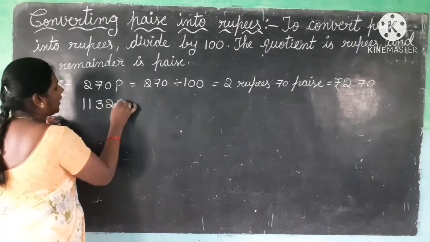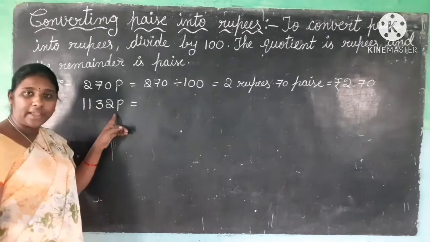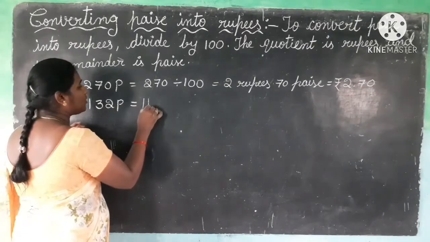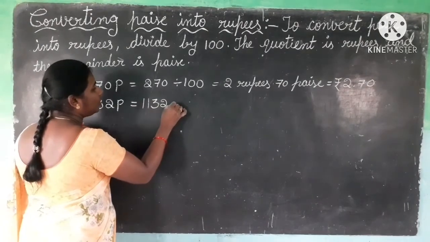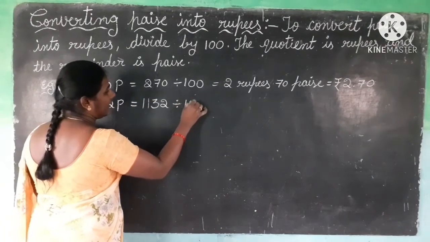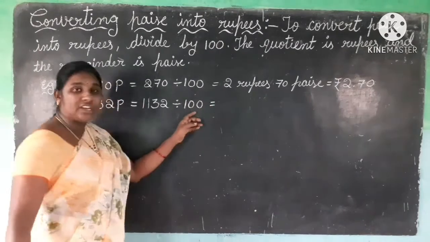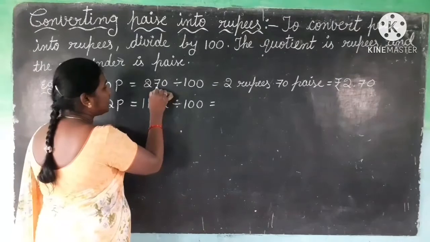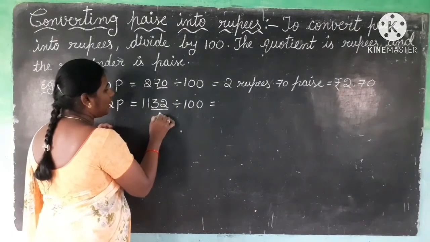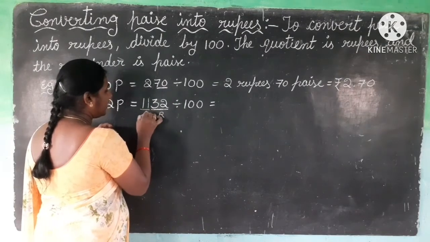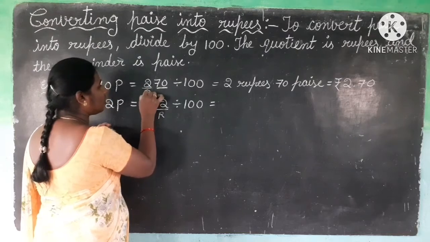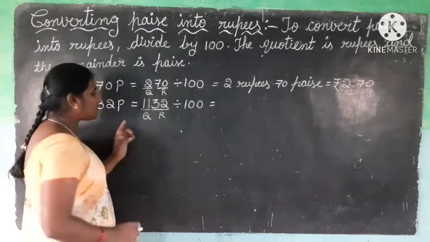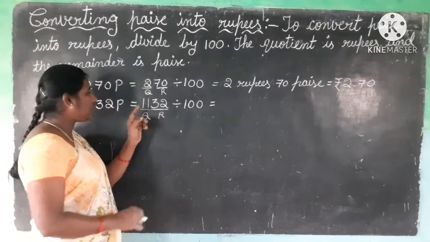1132 pies. We have said first, do division with 100. While we are doing division with 100, the last ones and tens place, these two will be the remainder and the rest is the quotient. Here the quotient is 11.